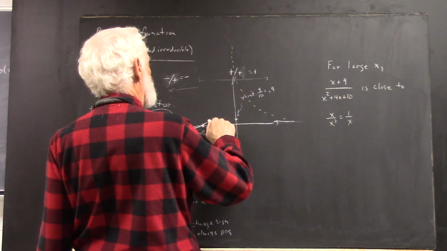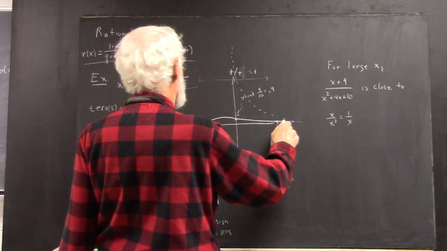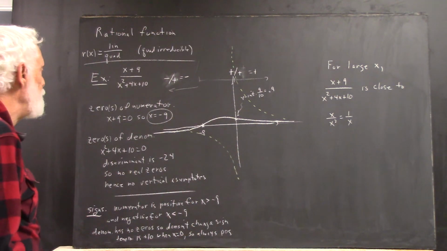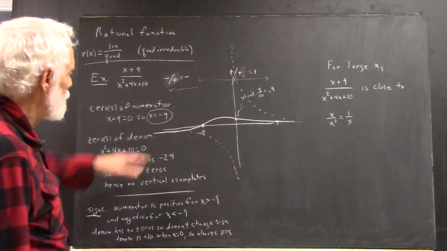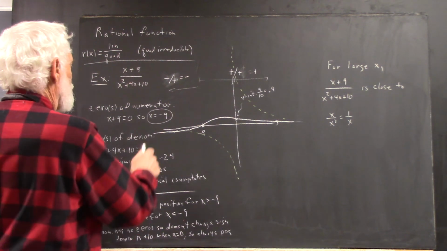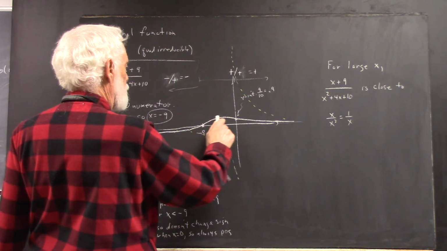Up here, comes through here, and comes down here. Now, the way it behaves out here, it really is going to be much closer to the x-axis, probably going to dip down a little bit before it comes up.